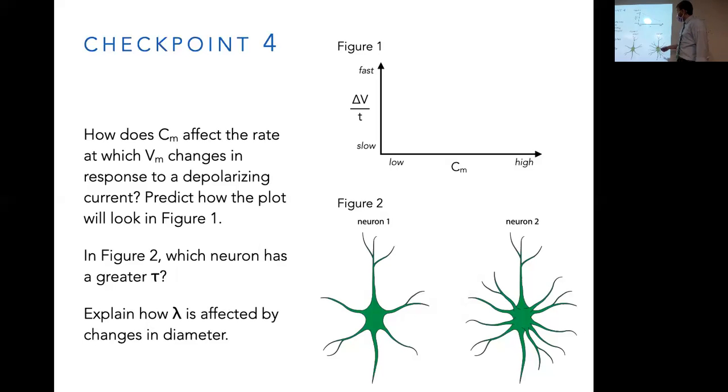Speaking of tau, which one of these neurons is going to have the greater tau? Assume equal resistance. Why do you say that? And that's true. The dendrites are going to contribute to the capacitance of the neuron.